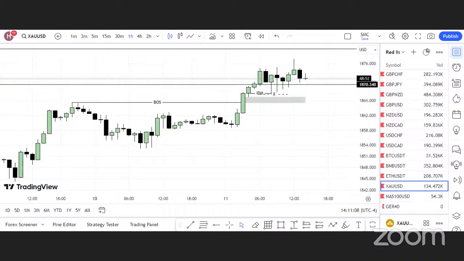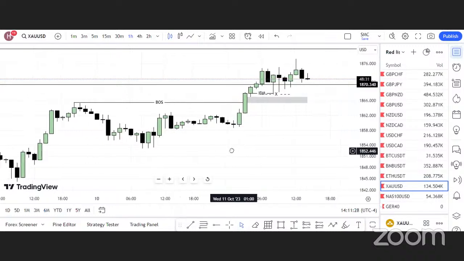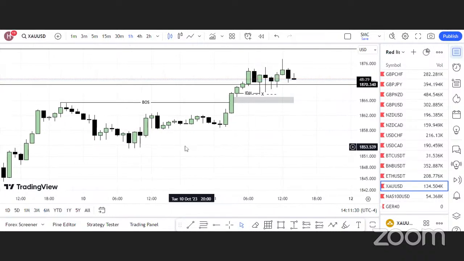Okay, so let's continue. In the forex market, we also have what we call going long and going short. So when you hear people saying, I want to go long in this market or I want to go short on this market, what they mean is they want to buy or they want to sell.